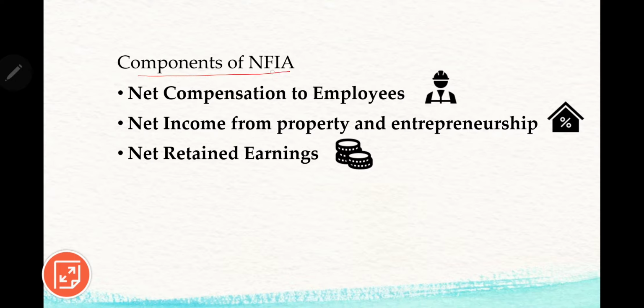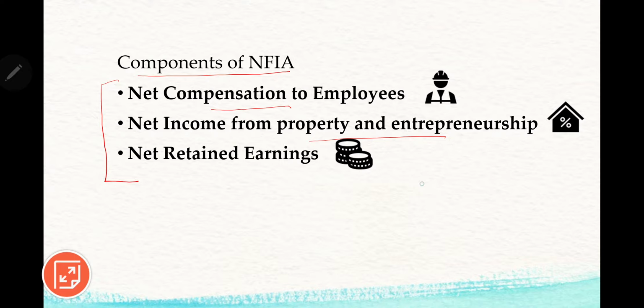Now, what are the components of NFIA? There are three main components of NFIA. Net compensation of employees. It is the difference between compensation earned by normal residents of our country from abroad and compensation earned by non-residents located in our domestic territory. Net income from property and entrepreneurship.